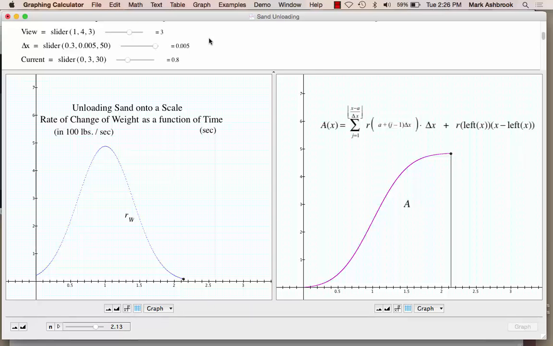And if we can't distinguish it, if it's splitting hairs to such a degree that essentially they're the same, okay? So that's the last piece of the puzzle. You take your approximate accumulation function and you make your intervals smaller, and then you make them small enough. What is small enough? Small enough so that you can't tell the difference between the approximate accumulation and the exact accumulation, and then we have it. Then we have the exact accumulation function, and we know exactly how much we have at every moment.